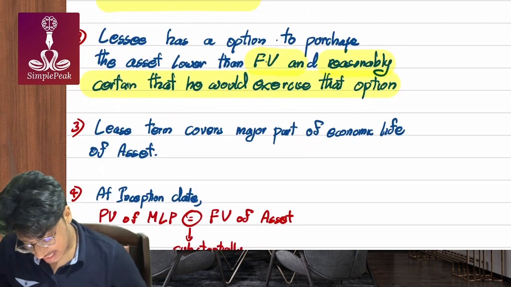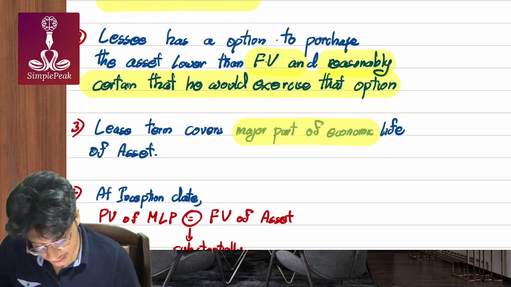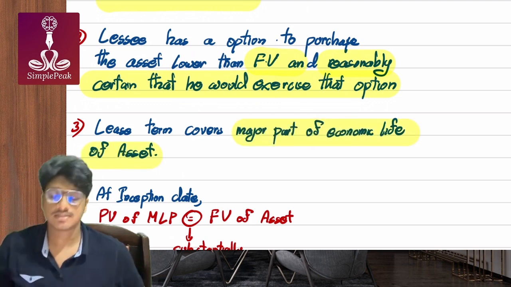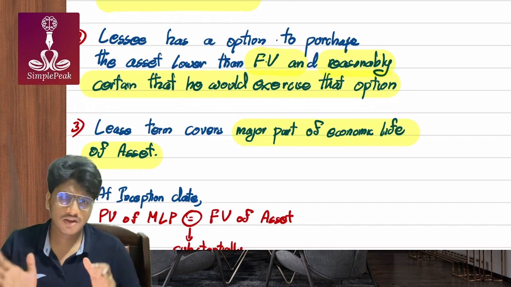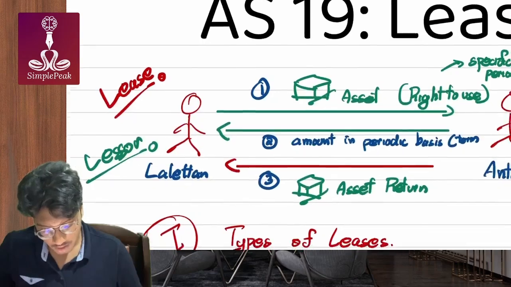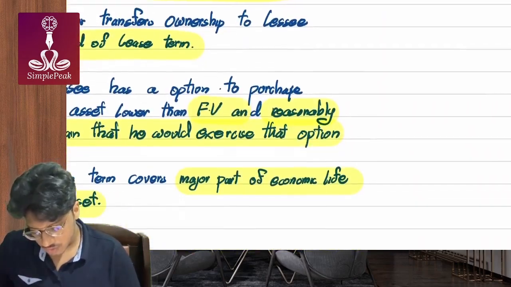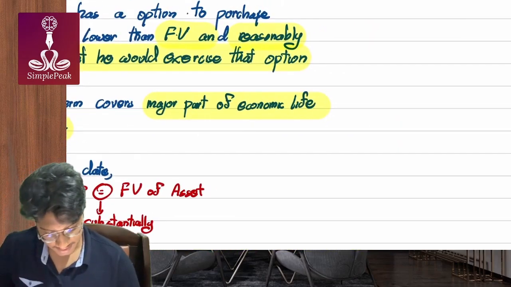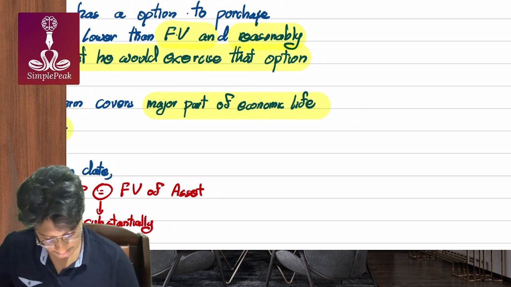Then, the lease term covers the major part of the economic life of the asset. This is very common, and this is an indication that we would take for a finance lease. What do I mean by that? Let's take the useful life of an asset as 10 years. Okay, I'll write an example.